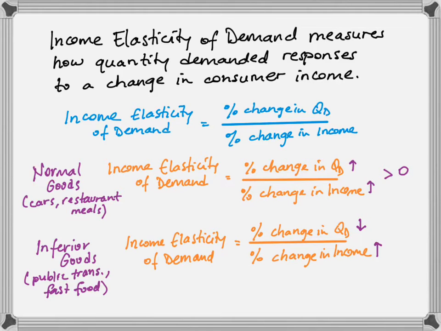Since we have this inverse relationship between the two variables, we expect the sign of this income elasticity of demand to be negative. In summary, the income elasticity of demand for normal goods is positive, and the income elasticity of demand for inferior goods is negative.